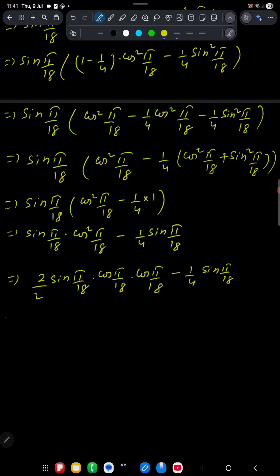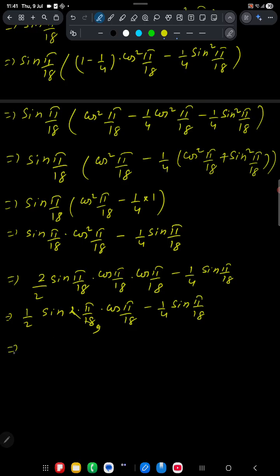So you can write it as 1 by 2 and sine of twice of pi by 18 into cos of pi by 18 minus 1 by 4 sine of pi by 18, that is pi by 9.